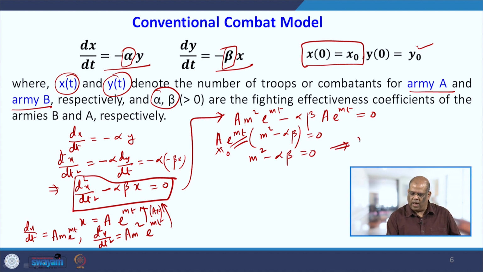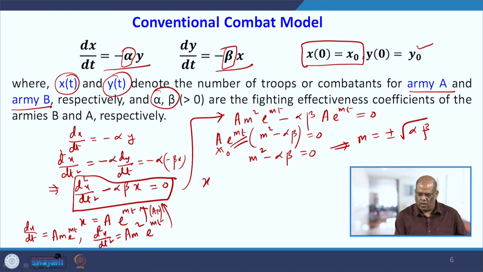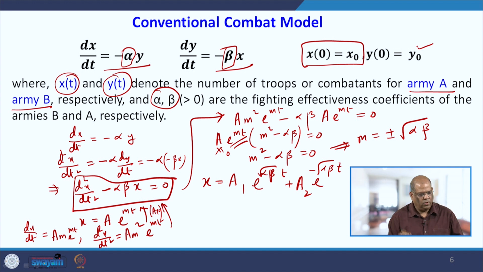And this implies m equal to plus minus square root of alpha beta, where both alpha and beta are positive. So, now your solution is going to be x equal to some a1 times e to the power root alpha beta into t plus a2 times e to the power minus root alpha beta into t.